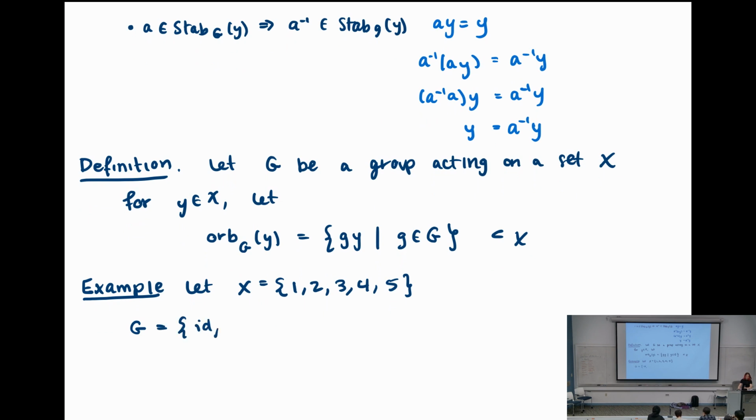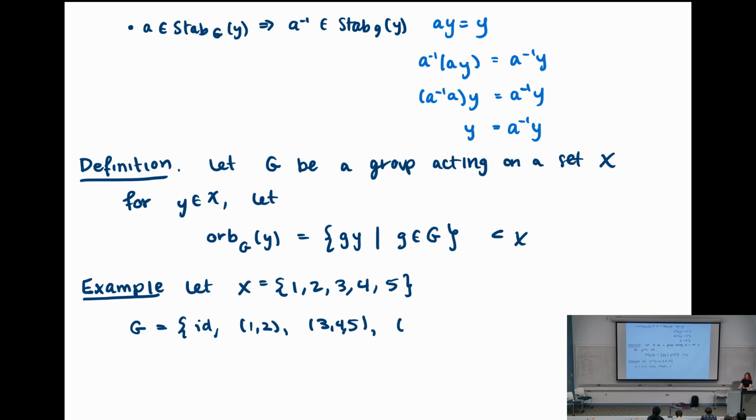It will contain the identity. It will contain, and I'm going to give this to you in terms of permutations, the permutation (1 2), and it's going to contain the permutation (3 4 5). And then it's also just going to contain everything else that follows from it containing those two elements.